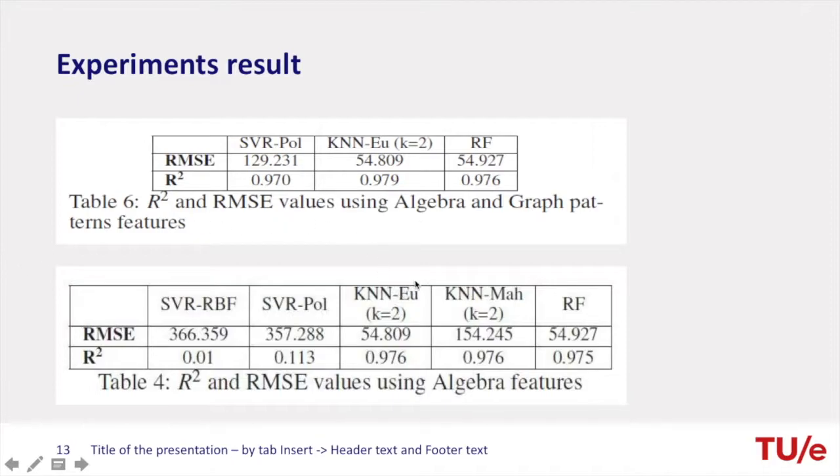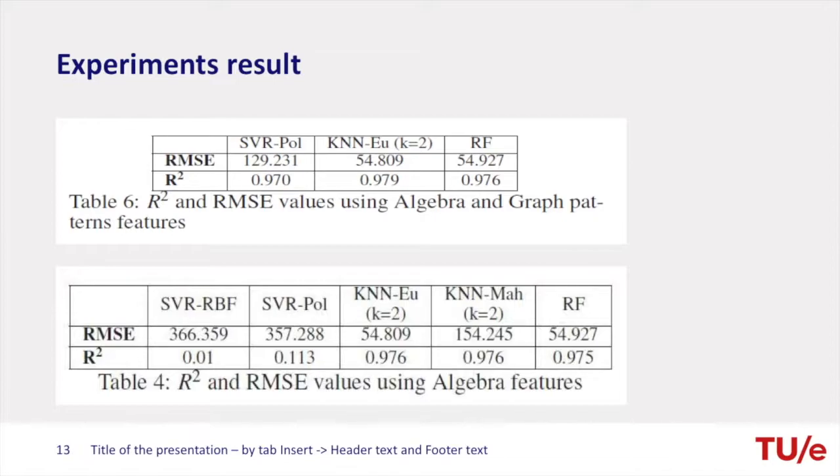Comparing these two, although most of them are the same, we can see for one of those algorithms called SVR poly, the improvements are quite high. So this RMSE number is just the distance of the prediction number from the real number.